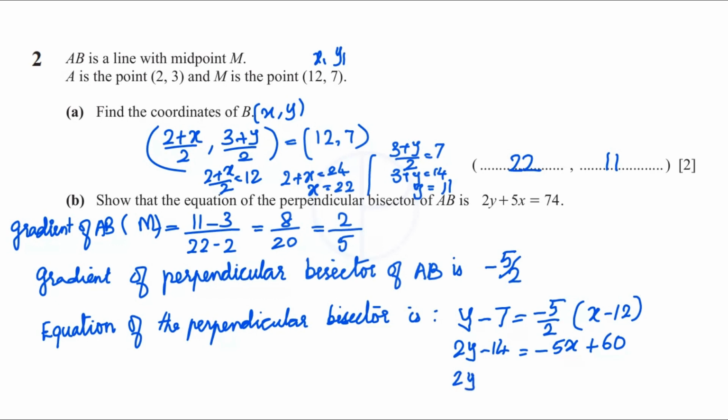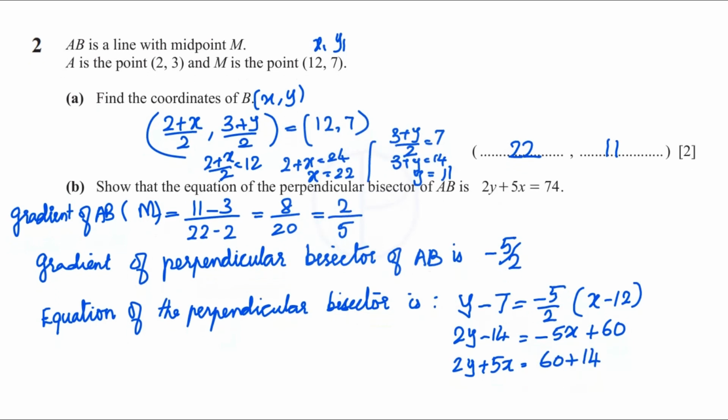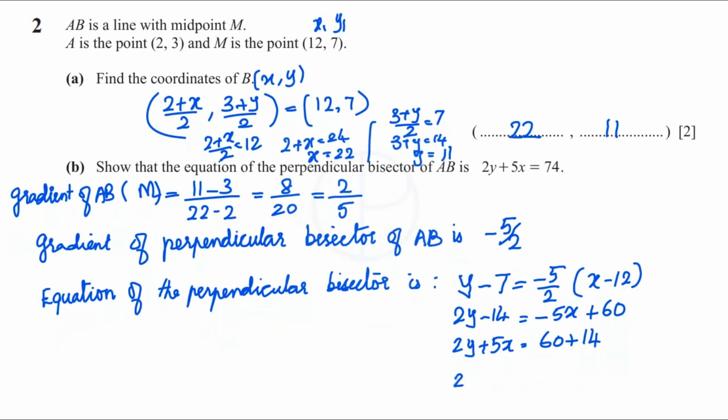So 2y minus 5x, when it comes to the left hand side, it will become plus 5x. 60 plus 14 is 74. So 2y plus 5x equals 74. Hence we proved this.